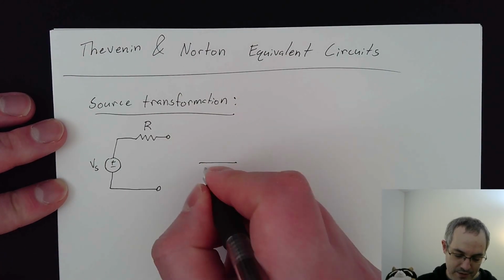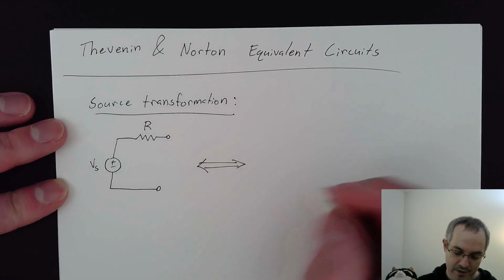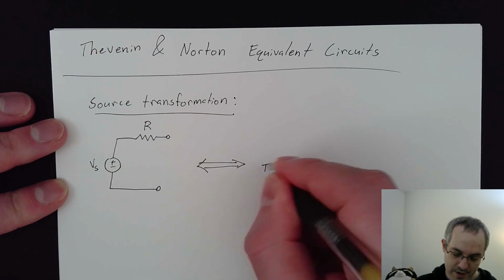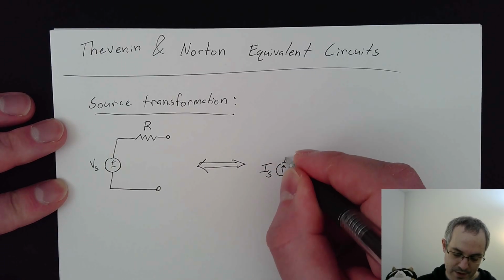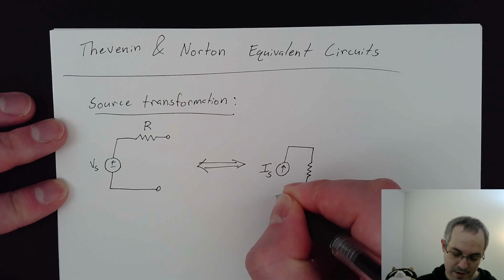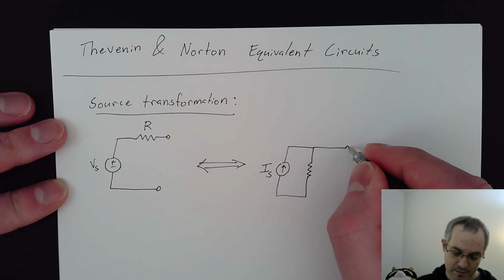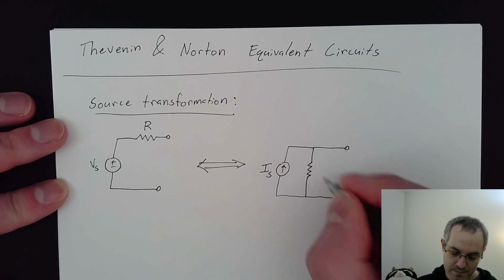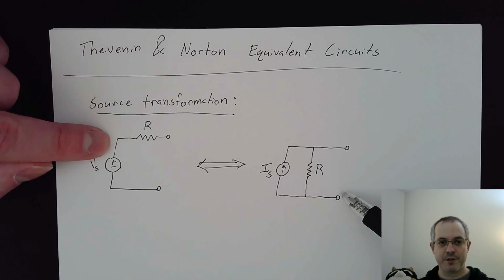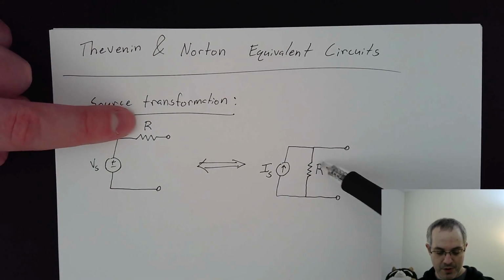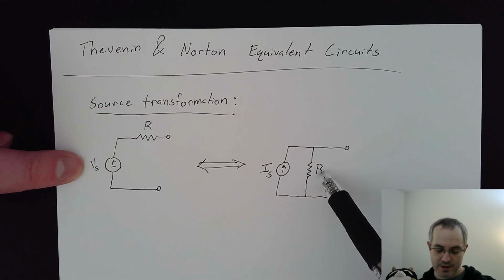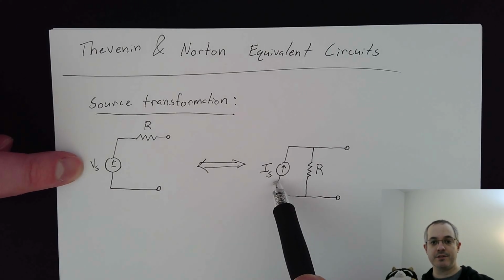And all that means is you can interchange between that and a current source, Is, in parallel with a resistor R. So we have here two circuits, two portions of a circuit, where the resistance is the same. We have the voltage Vs there, current source Is there.